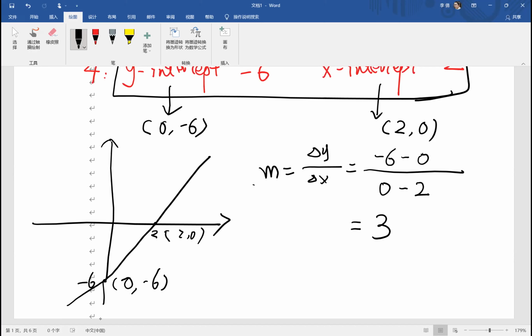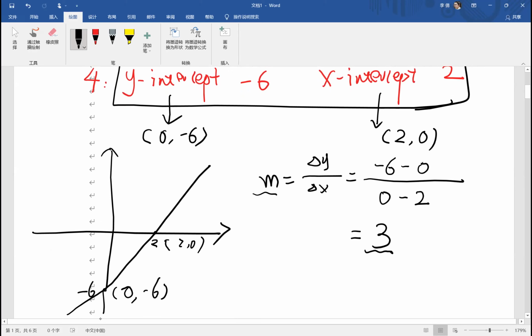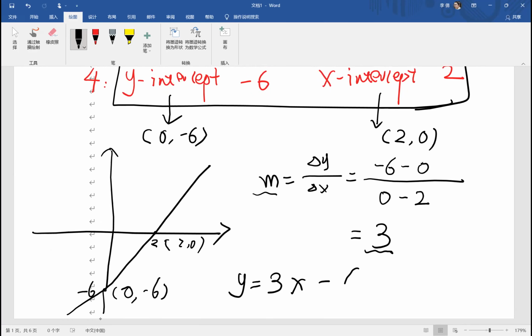So the slope of this line is 3, and the y-intercept is -6. So the equation of this line will be 3x minus 6, right?